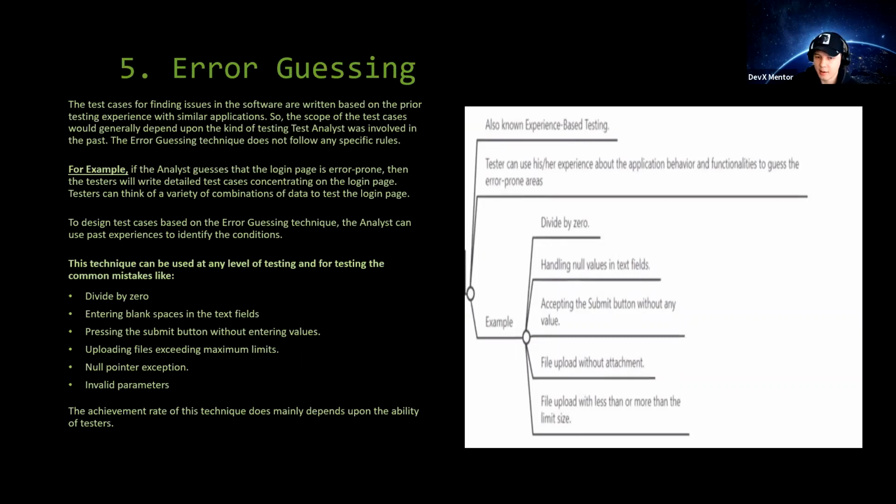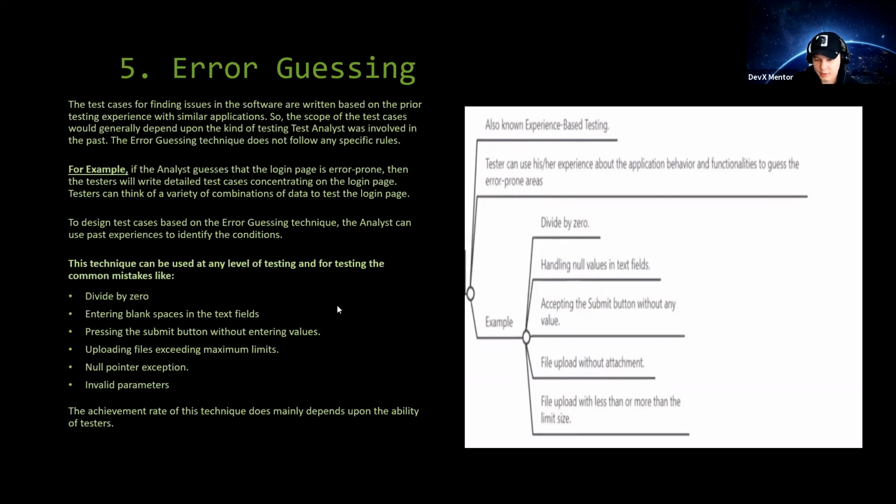For testing common mistakes, the most common ones include dividing by zero, entering blank spaces in the text fields, pressing the submit button without entering values, uploading files exceeding maximum limits, null pointer exceptions, invalid parameters, etc. But these are just the most common mistakes you can find.